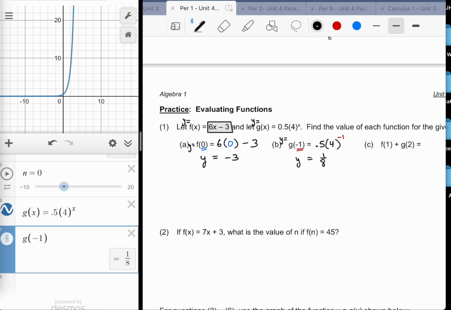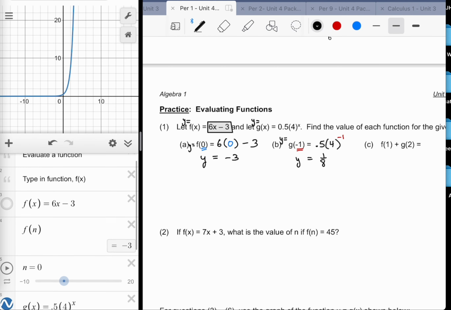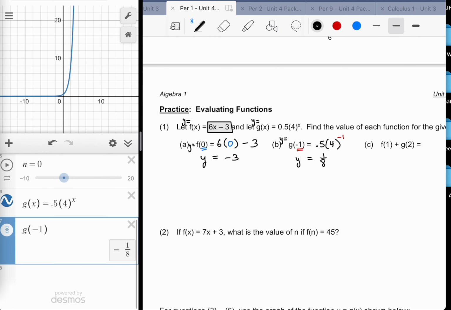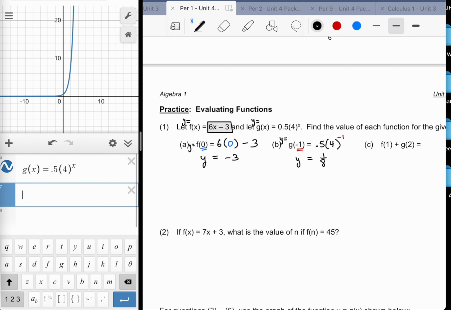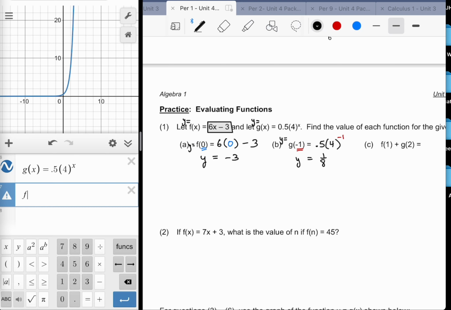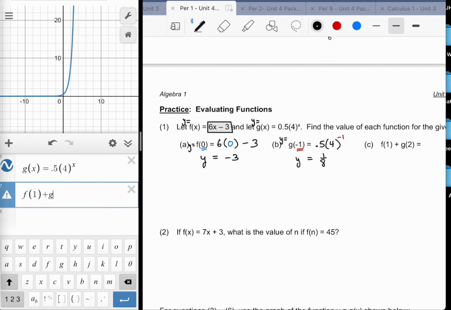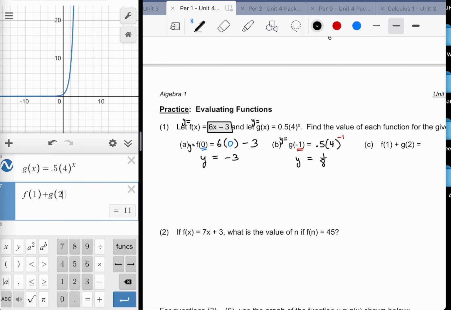But then you have f of 1 plus g of 2. So I actually have my f function and my g function stored in here. So I can actually type in f of 1 plus g of 2, because Desmos is going to refer to the correct functions in order to come up with those results.